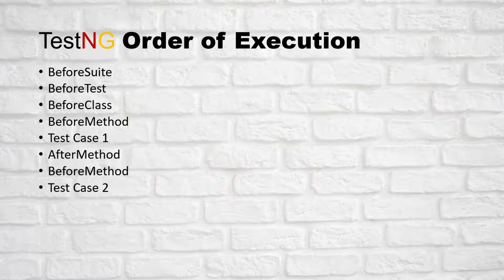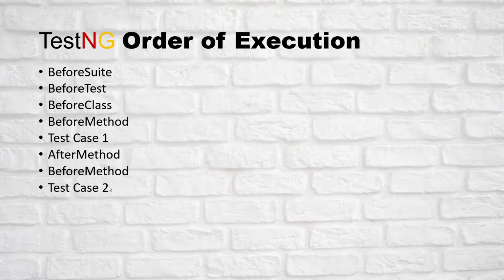In case we have two methods with the @Test annotation, then my order of execution would be, these three will remain the same, but for each test that we have, we will have before method and after method. So for test case one, before method was executed first, and then my test was executed, and after that, after method was executed.